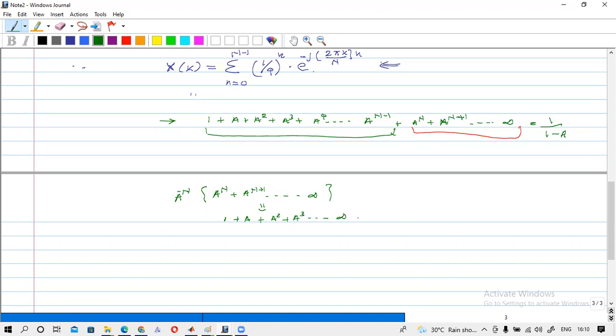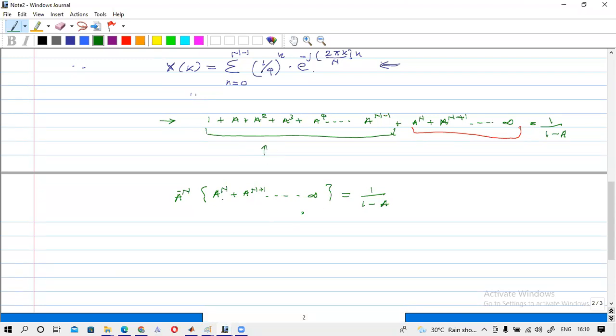So this also will be equal to 1 over 1 minus a. I hope you get it. So this one I can get as the same series from here also.